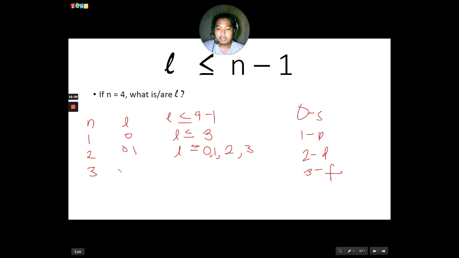If n is 3, L is 0, 1, 2. By using this formula, if n is 4, the values are 0, 1, 2, 3. And again, these L angular momentum quantum numbers correspond to the orbitals.